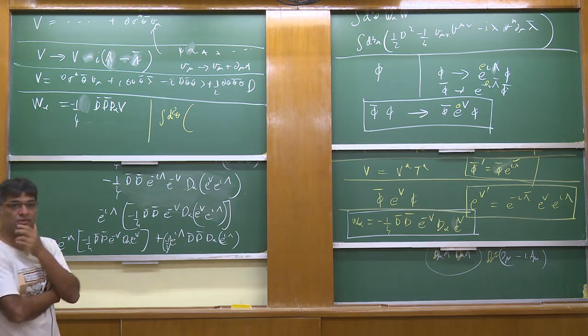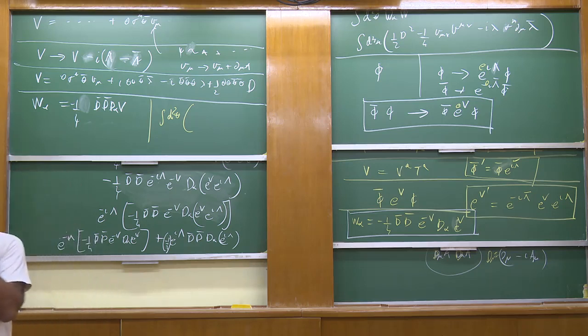It's not true in general that D bar D is 0, because for the abelian case that was what W was, right? It's not always 0.